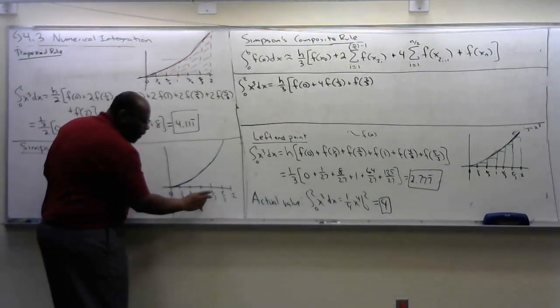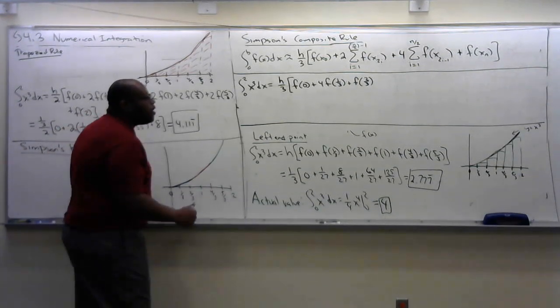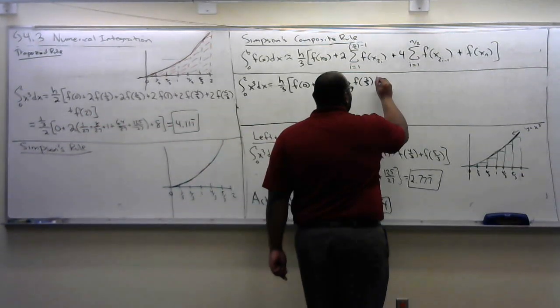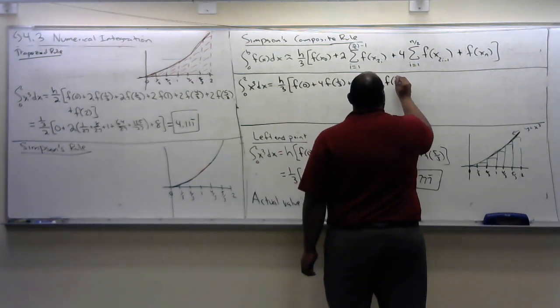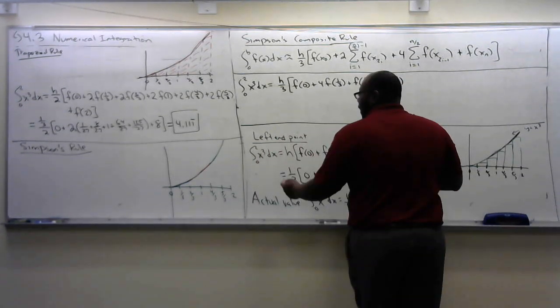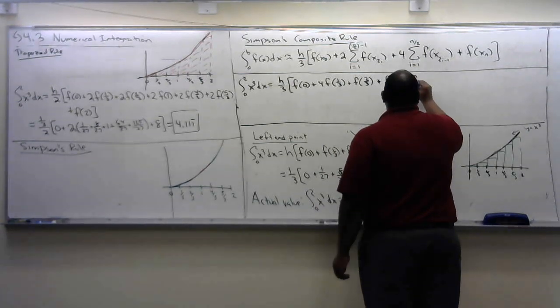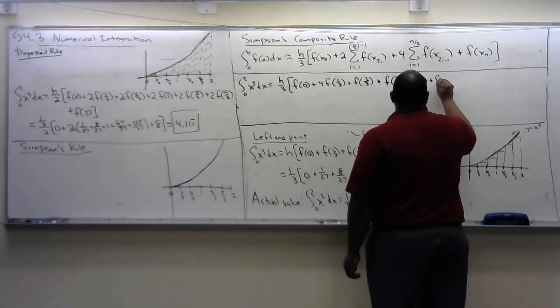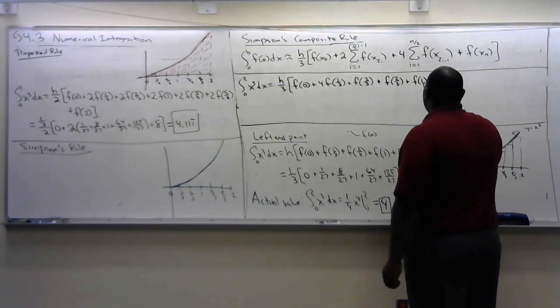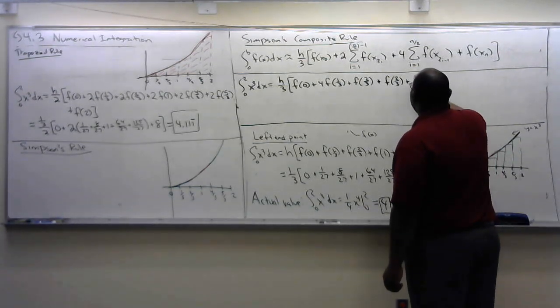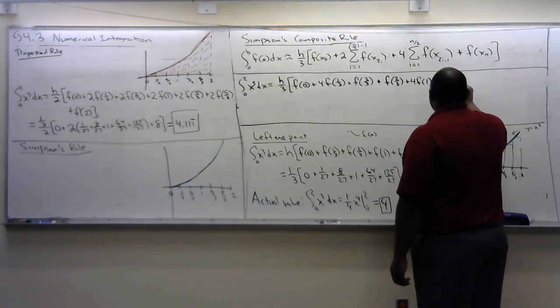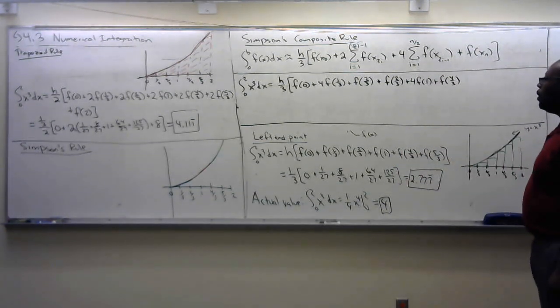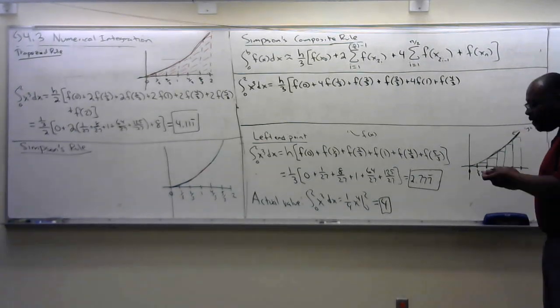Now, if I want to get the area underneath this part, this is going to be plus. Now I start with 2/3, f of 2/3, plus 4 times f of 1 plus f of 4/3. And I can keep going, but I noticed something again.